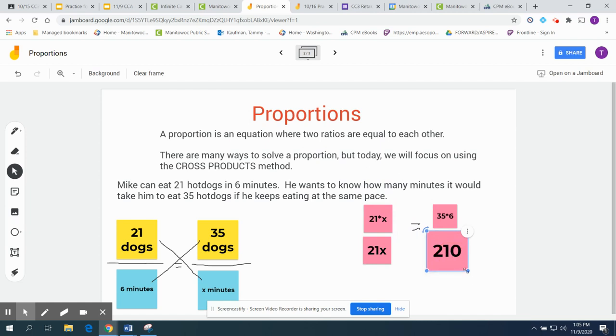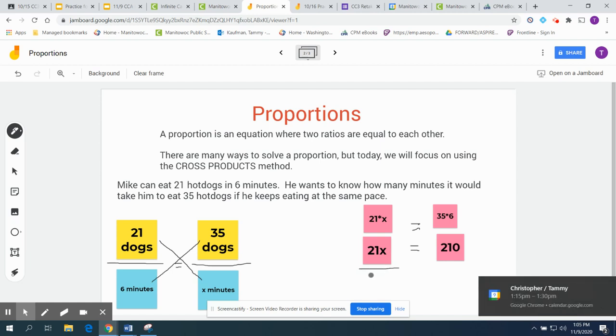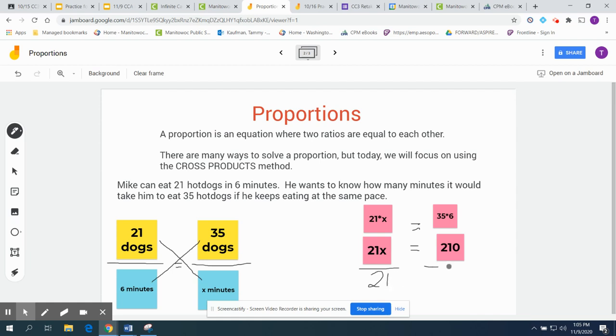And when we're doing cross products, you should start to be thinking of a tile mat. On the left side, I have 21X tiles, and on the right side, I have 210 unit tiles. So if I want to figure out how much each X is worth, well, if I have 21 of them and I figure out what one of them is, then I'm going to divide both sides by 21.